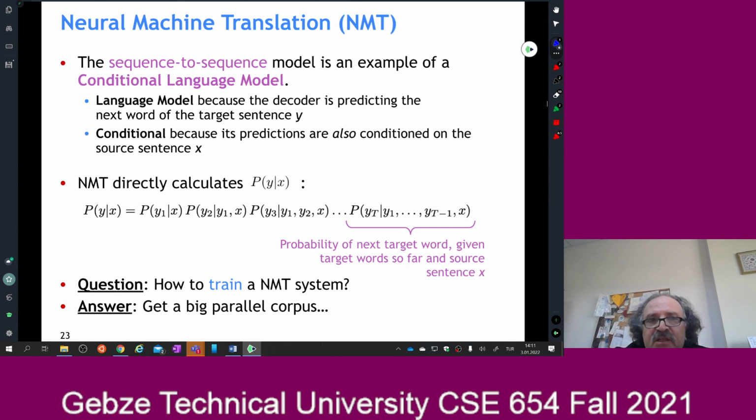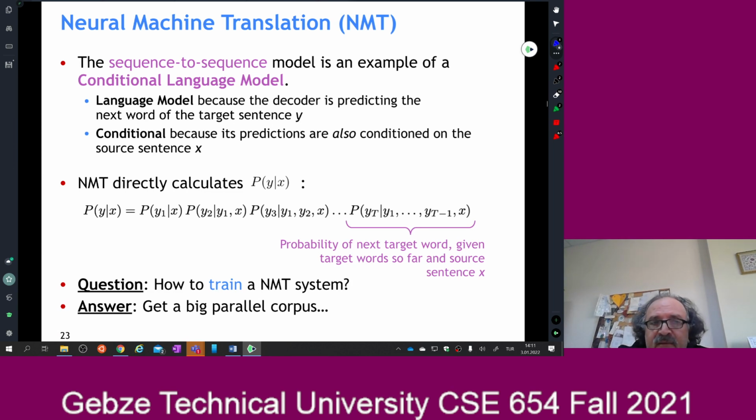It's a conditional model. Sequence to sequence is an example of a conditional language model. Why do we say conditional language model? Because we are trying to directly calculate this.